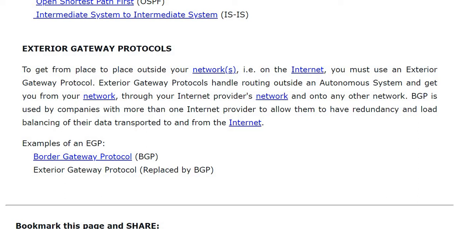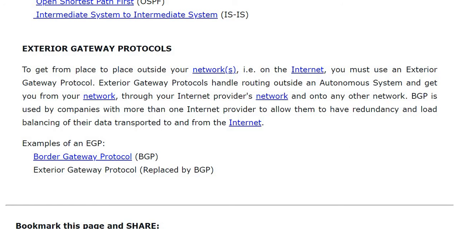So BGP is the Border Gateway Protocol. Using BGP, we connect to outside internet devices, maybe routers or switches or any other things, or maybe a server. We can access them using BGP, or connect to the ISP, the internet service providers.